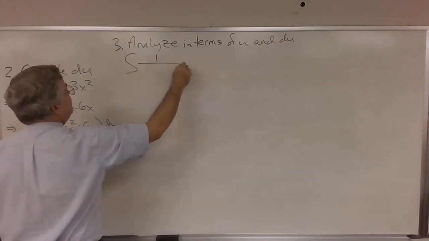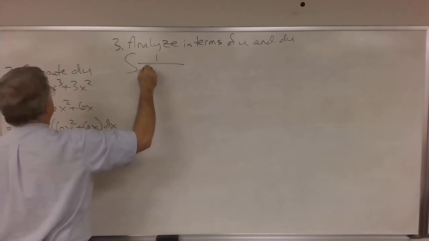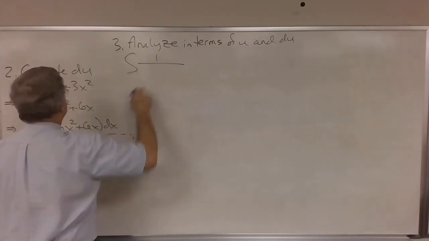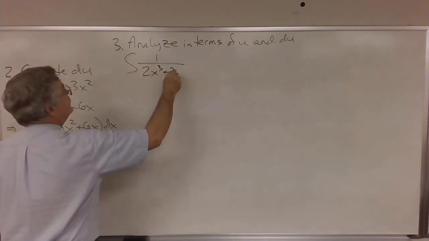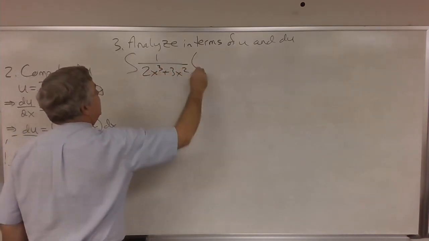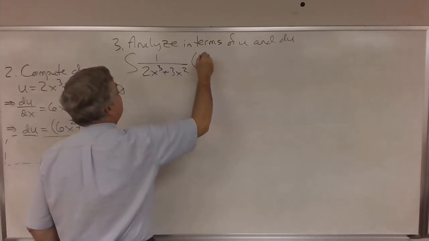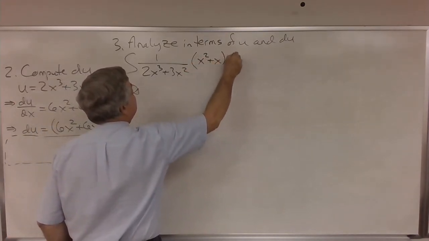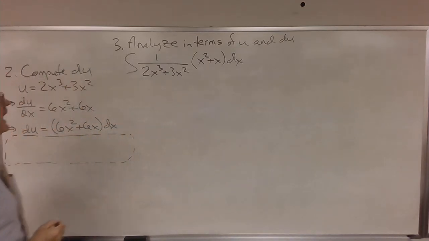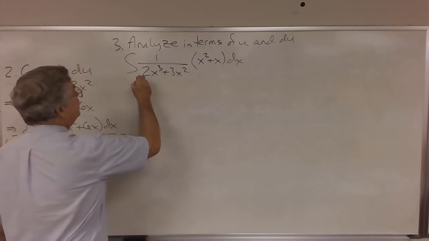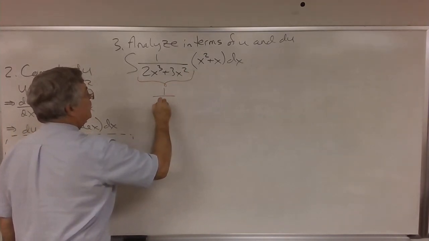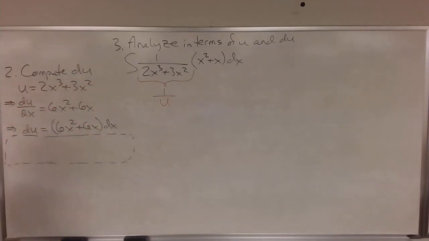So let's see, we had written this as 1 over (2x cubed plus 3x squared), and the derivative was (x squared plus x). So this is what we had. And remember, u is 2x cubed plus 3x squared. So this part is 1 over u.